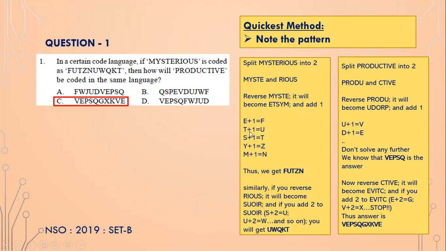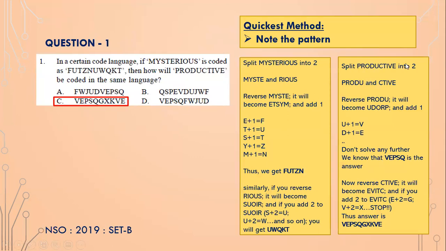So E plus 1 is F, T plus 1 is U, S plus 1 is T. That's how you get FUTZN. Similarly, if you reverse RIOUS, the second part, it will become SUOIR. And if you add 2, you will get UWQKT, the second part.